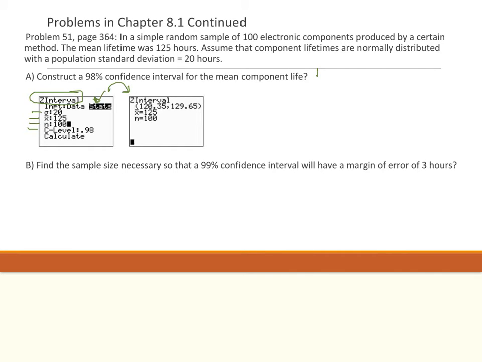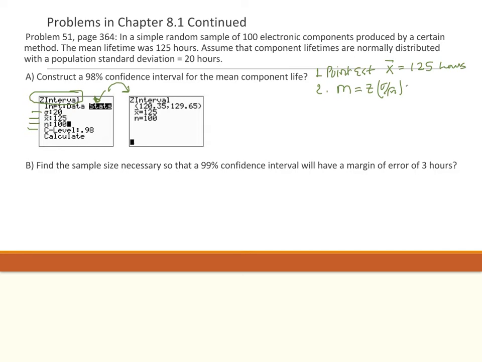So again, if we're doing this by hand, the first step is to find the point estimate. And our point estimate, right, is x bar, which is equal to 125 hours. Our second step is to find our margin of error. Our margin of error is z times sigma divided by the square root of n.